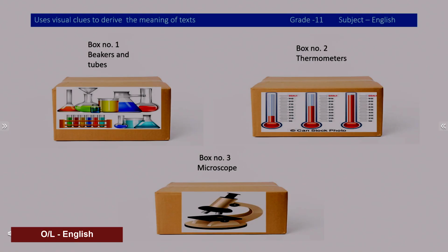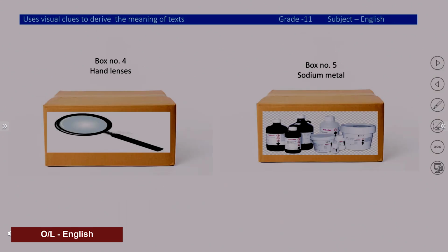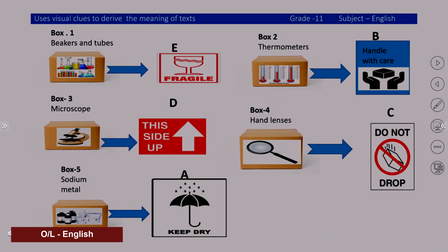Beakers and tubes, thermometers, microscope, hand lenses and sodium metal. Right. Another simple activity. Hope you are done. Let's take a look at the answers now.